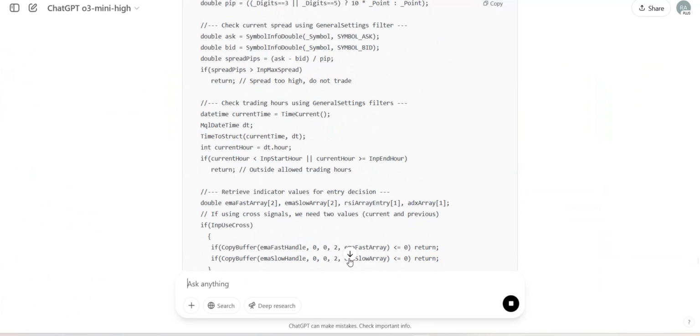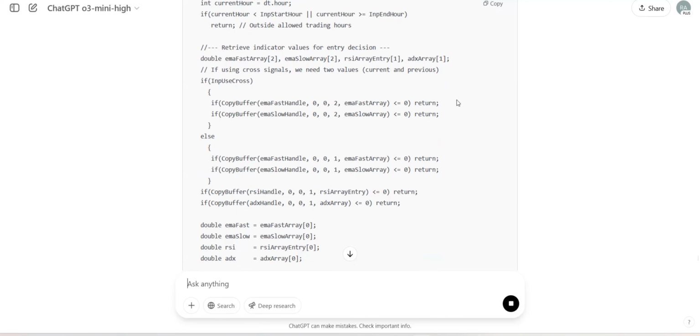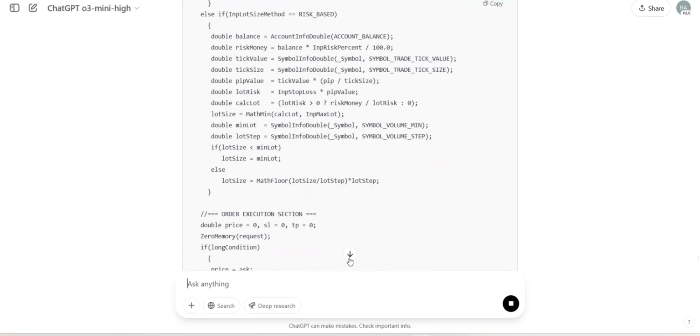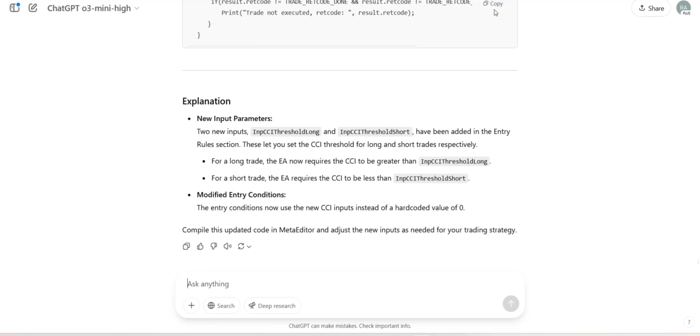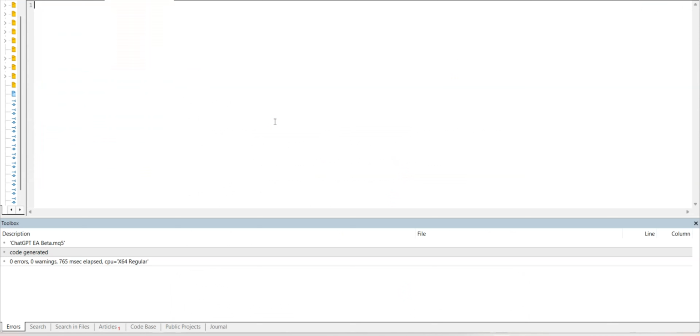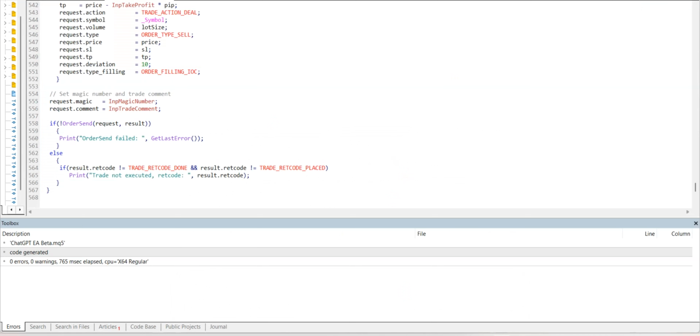For some reason I didn't ask for it, but it's good that it's there because sometimes I'm using much different periods for the CCI and for the ADX as well. Okay, now let's see. Yeah, of course, not a hard-coded value, but something that is adjustable, which is very important for us.